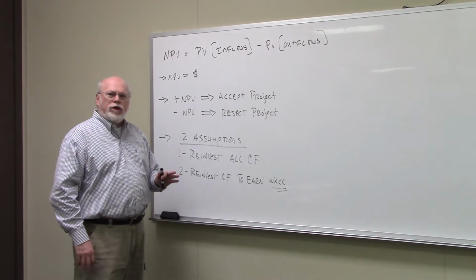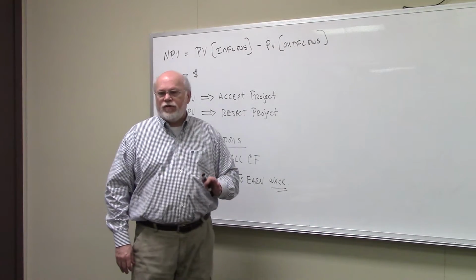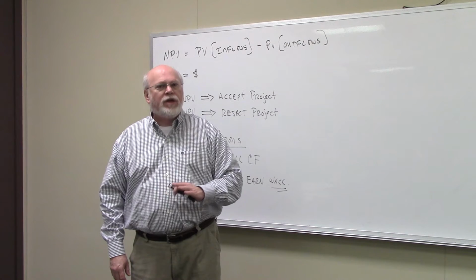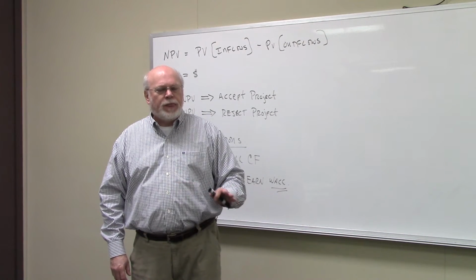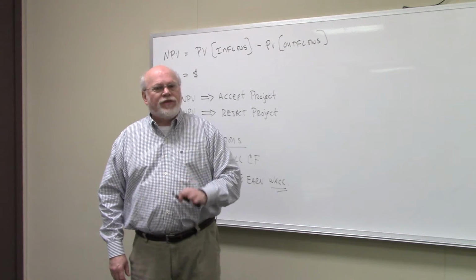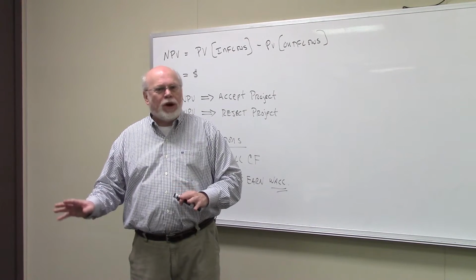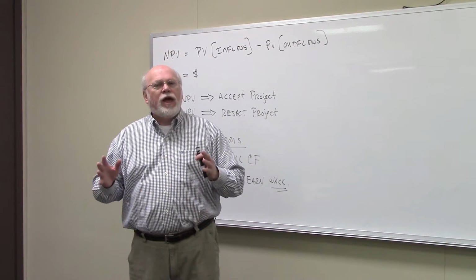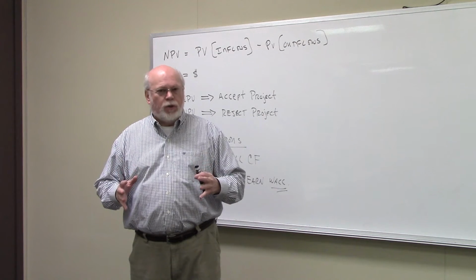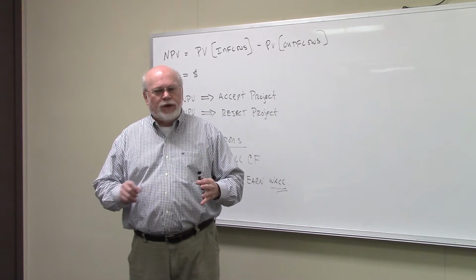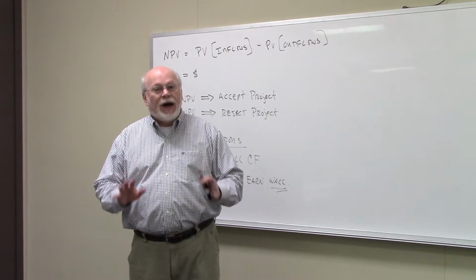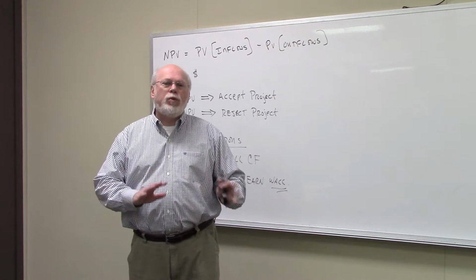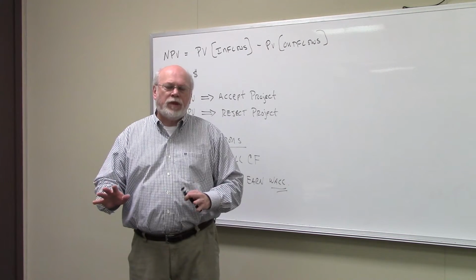Now, earlier we talked about the normative objective function of the financial manager, which is to maximize shareholder wealth given some level of risk. Now, shareholder wealth, the value of the firm, the price of the stock in the market, those are all the same thing. If we had a project where our net present value was a positive $70,000, indeed, that would mean that we want to accept the project.